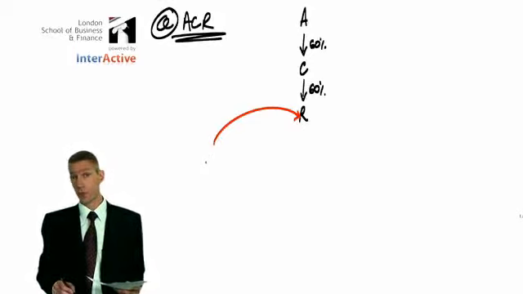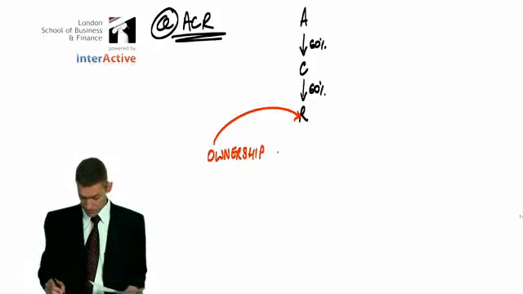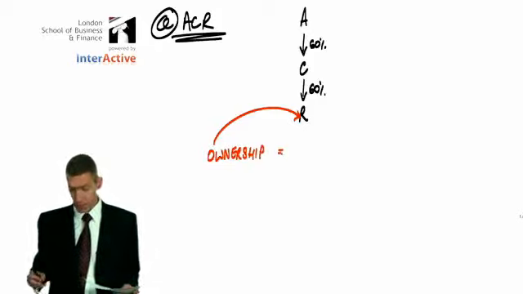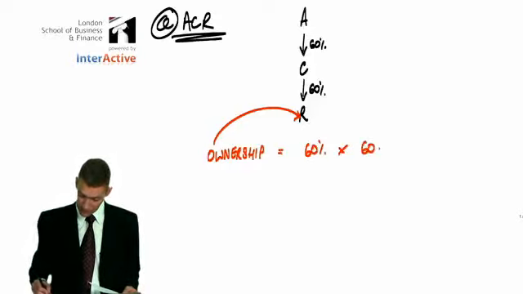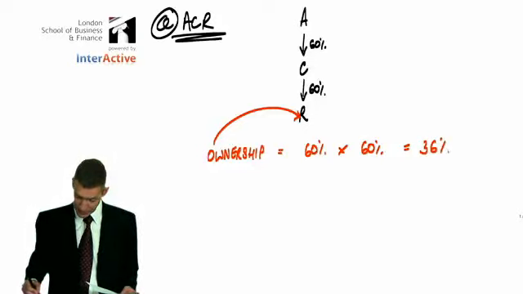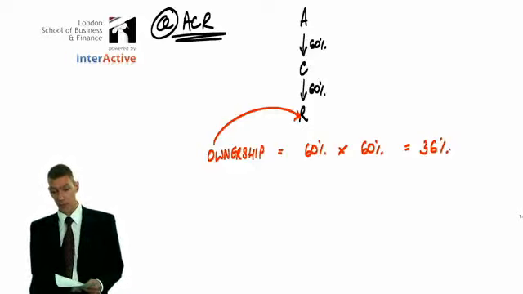So we need to first of all work out the ownership percentage of R. Well, the ownership is equal to 60% of 60%, and therefore 36%. And as you can see, we have less than 50% ownership.